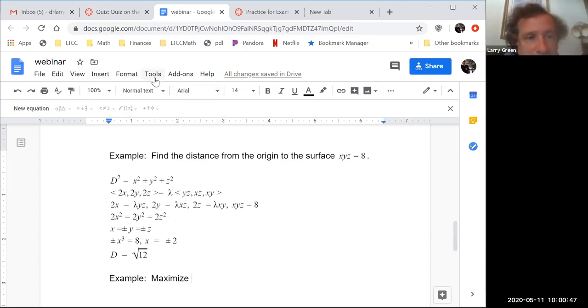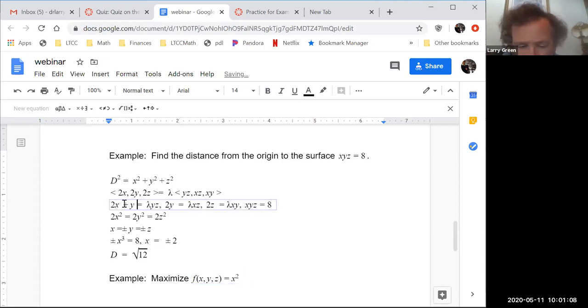So same idea. Subject to the two constraints.